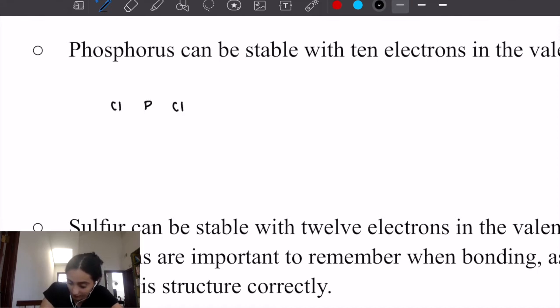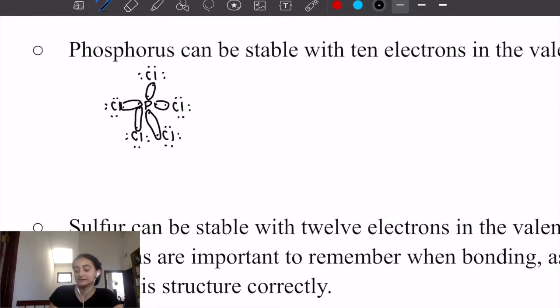So I'm going to draw phosphorus with 5 chlorines. Phosphorus has 5 valence electrons. Each chlorine has 7. So if we bond these together, these together, these together, these and these, phosphorus now has 10, but it is still stable.